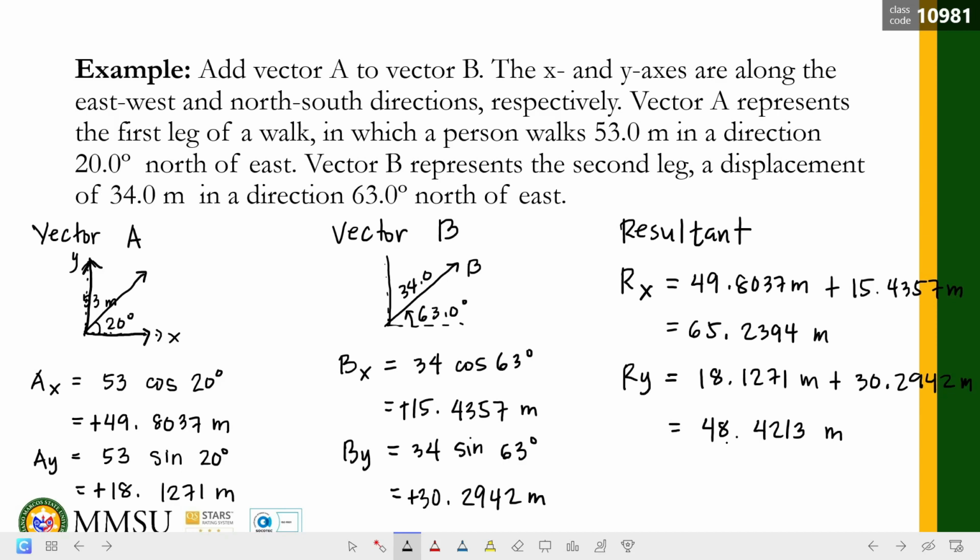Now, how do we solve for the resultant itself?